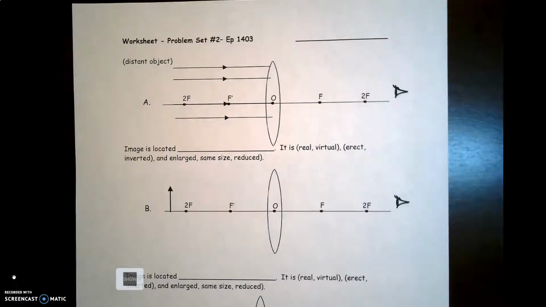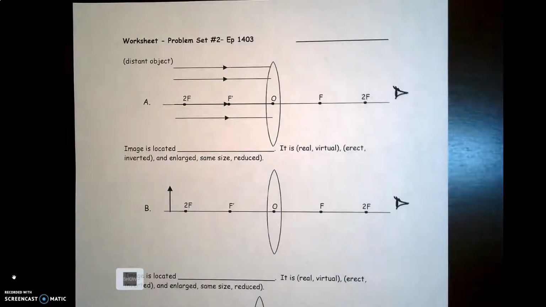Okay, so here is the lens worksheet that you need to do. Again, you're going to be using those steps that we talked about in the notes. This first one is a bit different than the ones we're going to be looking at.